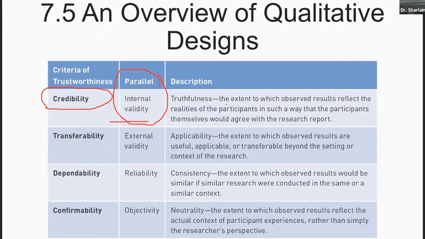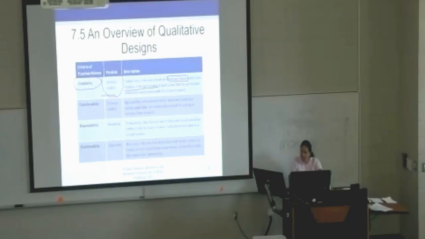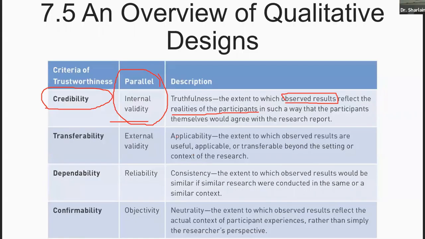So let's think about what trustfulness means. Here, what we're trying to see is whether what you observed in your results does in fact reflect that reality. Remember that whenever you're doing qualitative research, we generally don't have a big understanding of the phenomena that we're coming across. We want to make sure that it does in fact reflect the experience of that participant, the reality of that participant. We want to do so in a way that even the participants themselves would agree with your report.